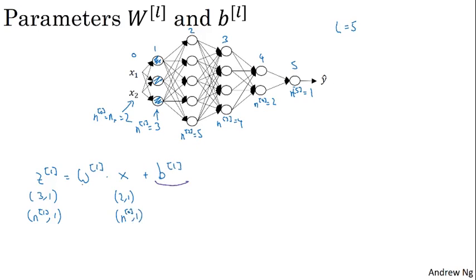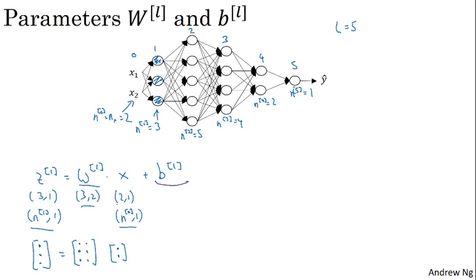So what we need is for the matrix W1 to be something that, when we multiply an n0 by 1 vector by it, we get an n1 by 1 vector. So you have a 3-dimensional vector equals something times a 2-dimensional vector. And by the rules of matrix multiplication, this has got to be a 3 by 2 matrix. Right?